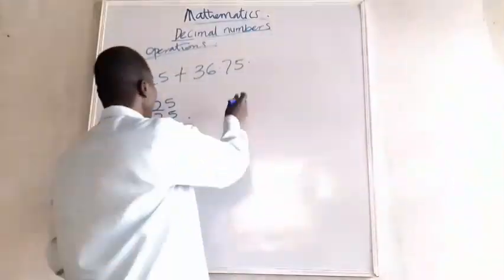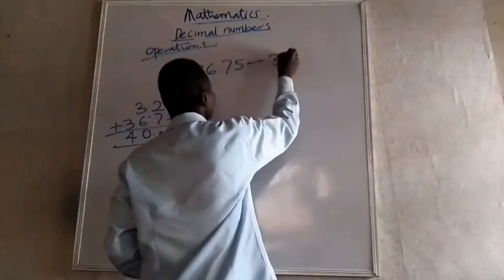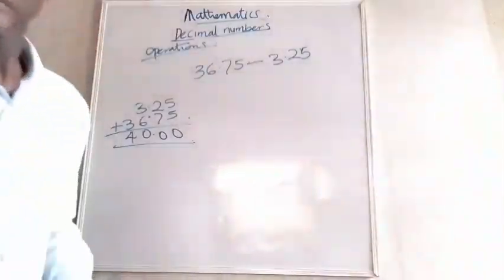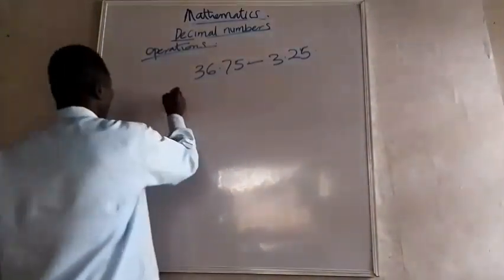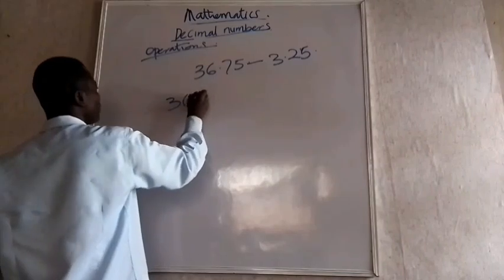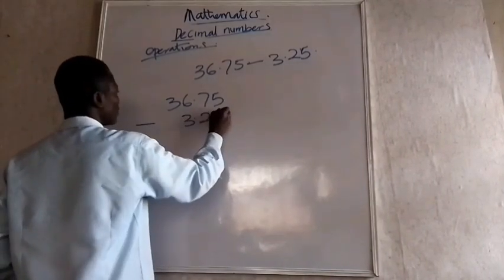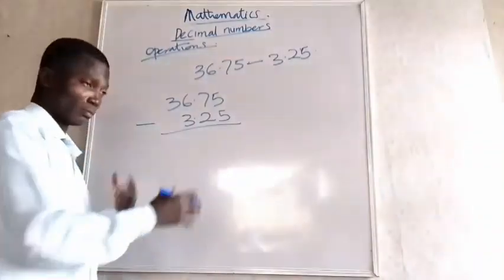If it is subtraction, for ease, let's make it like this. I'm aware that the calculator has made all these things simple, and that's why I wouldn't do much on it.